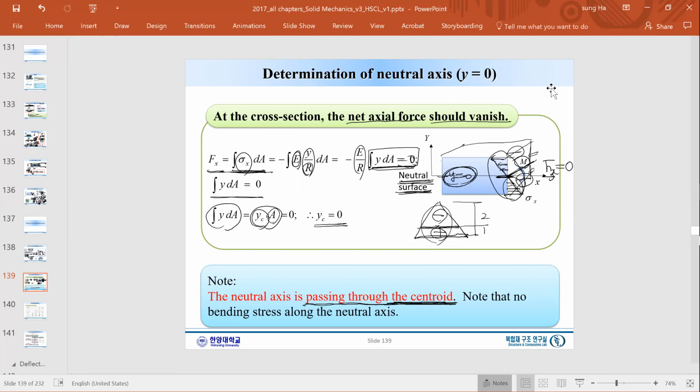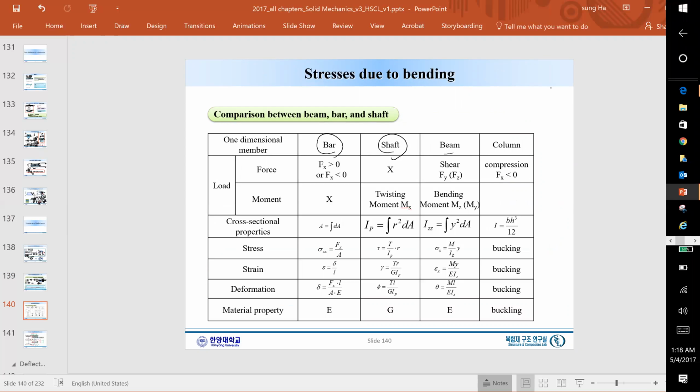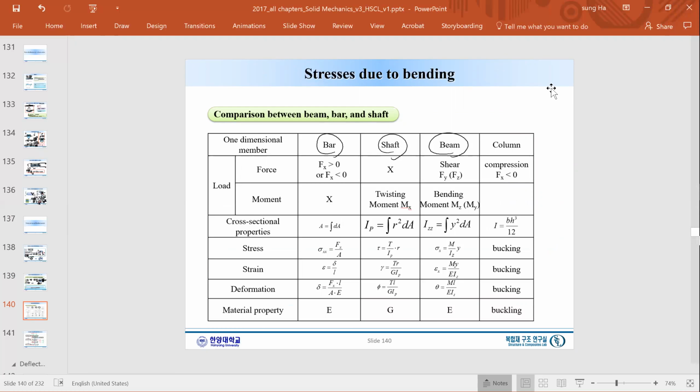Now, a very important point is that we want to compare all the theory we have studied: bar, shaft, and beam. For the load in each case, for the bar the force is simply the axial force, for the shaft it is the twisting moment, and for the beam it is the bending moment.